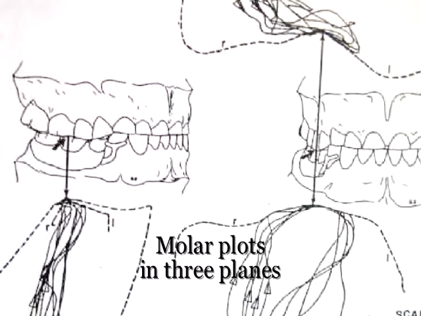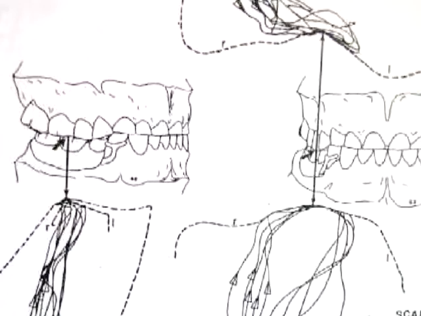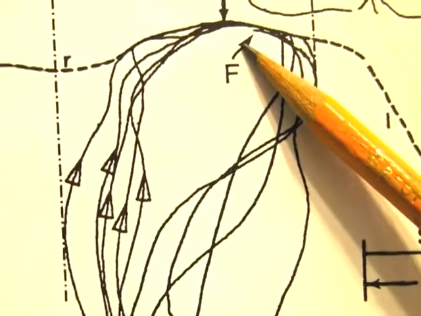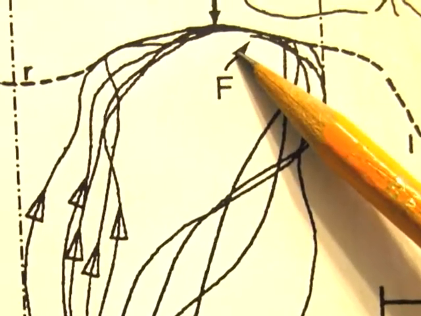The computer also draws plots in 3 planes of molar movement similar to the incisor plots. Zooming in on the frontal plane view gives a clear close-up picture of the molar during chewing.